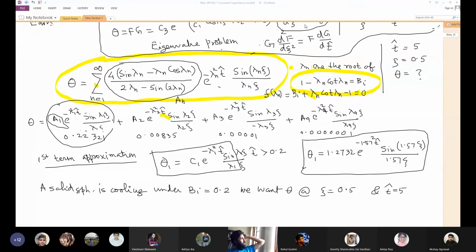Next stage, what do you have to decide? You have to decide whether you will be using the approximate solution or the exact solution. So should you use the approximate solution or the exact solution? Approximate, because t hat is greater than 0.2.